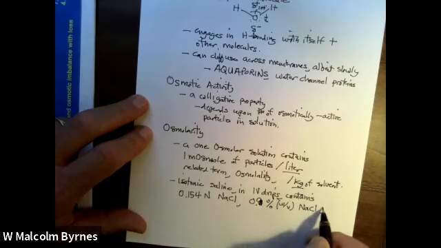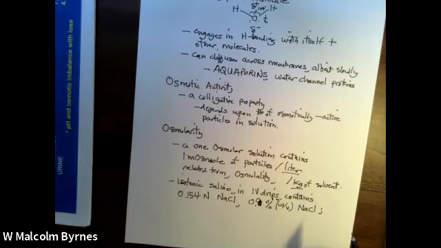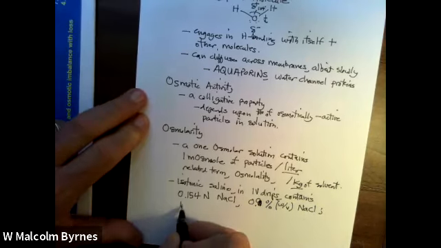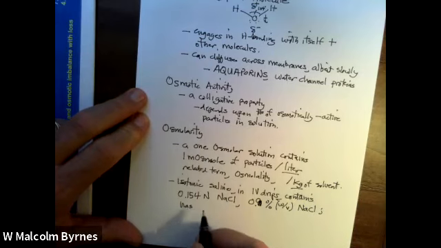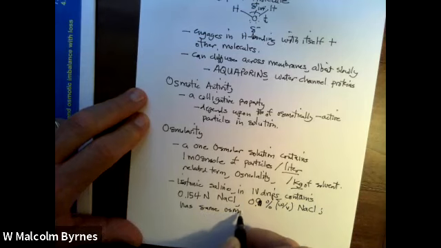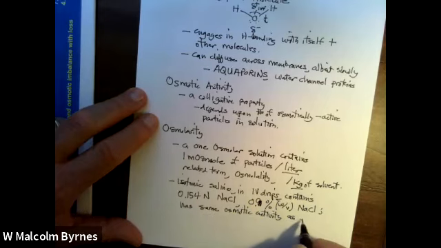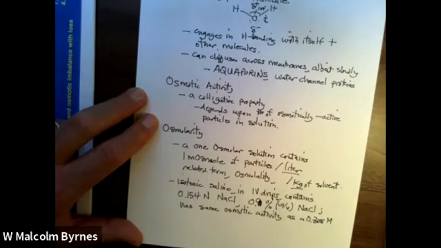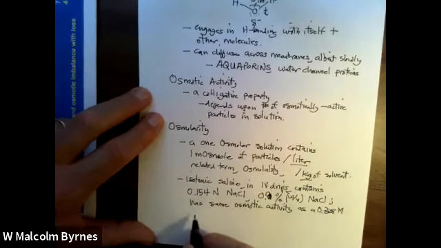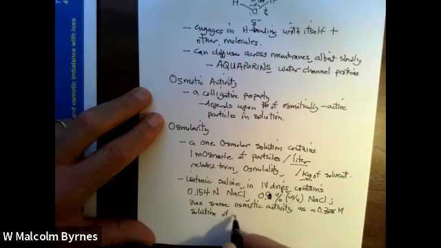An isotonic saline solution has the same osmotic activity as a 0.308 molar solution of sucrose.